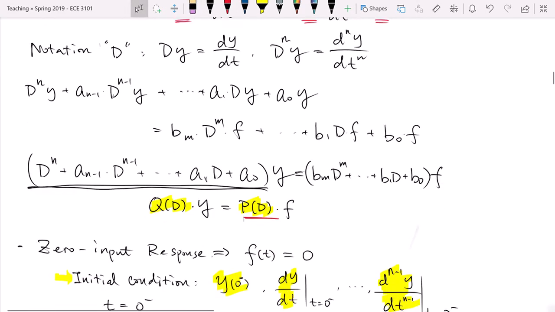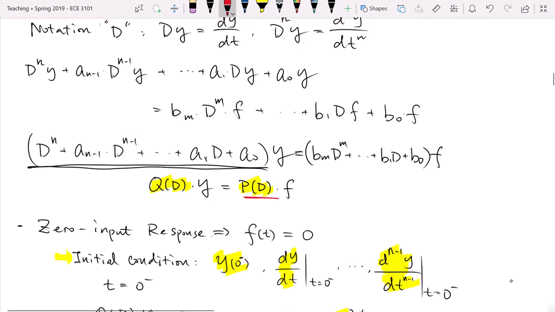P(D) is right here. It corresponds to the right hand side of your differential equation, how the input function will take in all the differentiation operators, these.